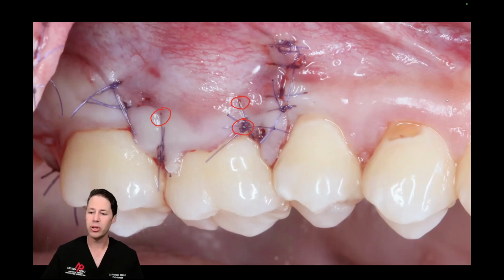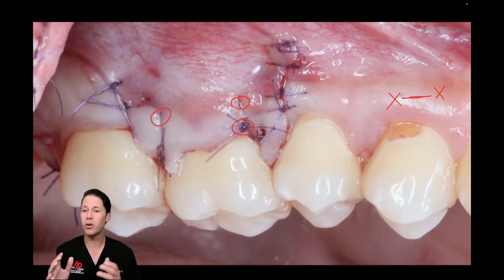What I see people do more often than not is, let's look at tooth number 5 over here, for example. They might take a bite here and here. Well, this area can be a little bit too close. You might limit the vascular supply.